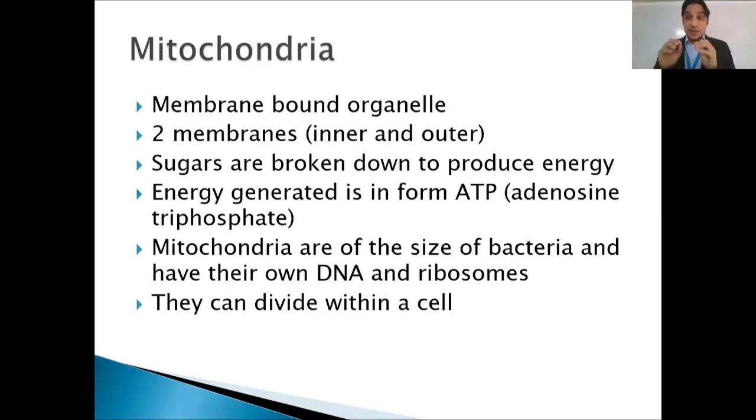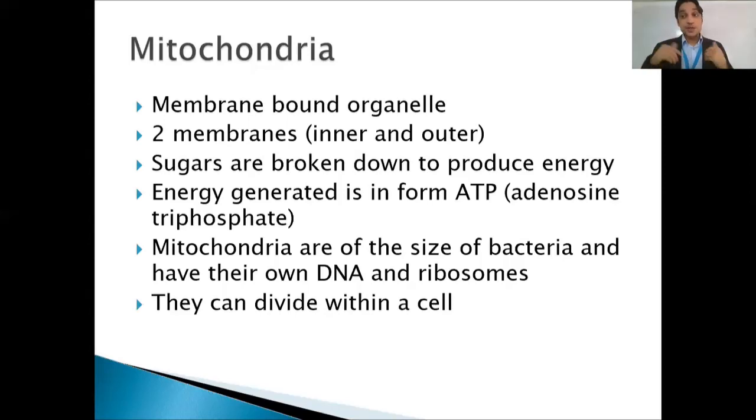So nature has given the DNA and the ribosomes to the mitochondria so that they can synthesize whatever enzymes they need. They should not depend on the nucleus for their function, because the other organelles depend on the nucleus for their function.